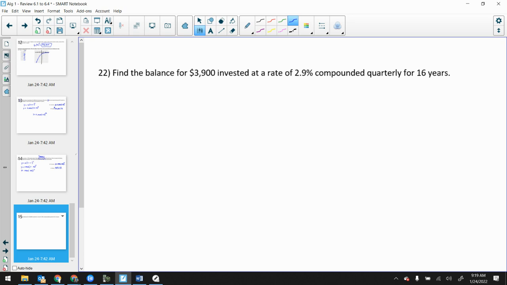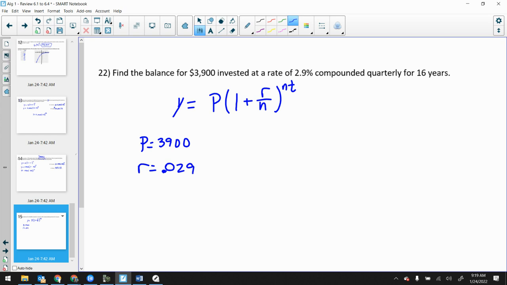Apparently I misnumbered. Find the balance of a $3,900 investment. Remember, this is compound interest, so P times 1 plus r over n to the nt. P is 3,900. r is 0.029. Compounded quarterly, n is 4, and t is 16.